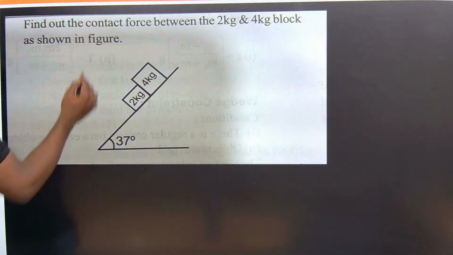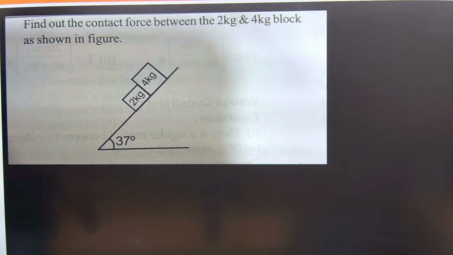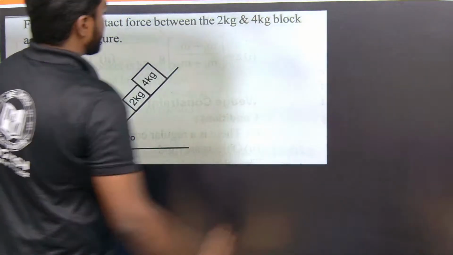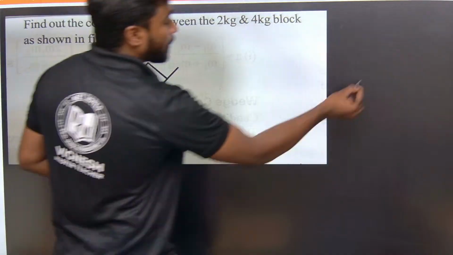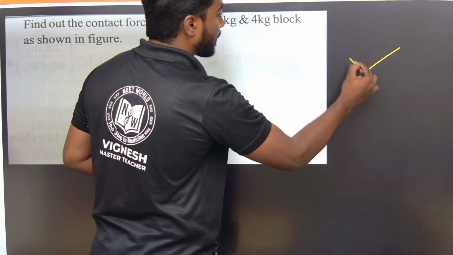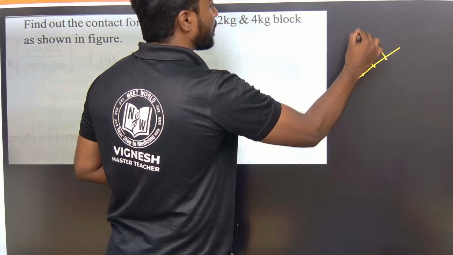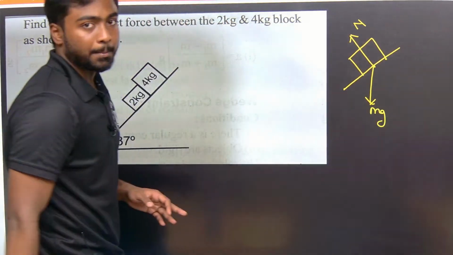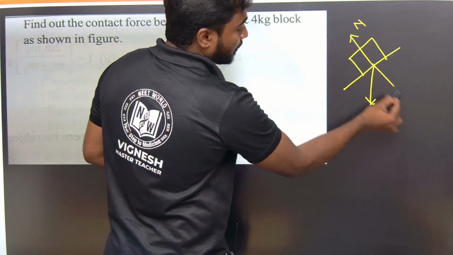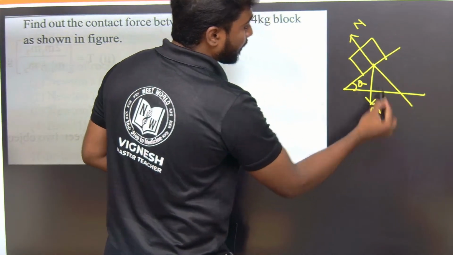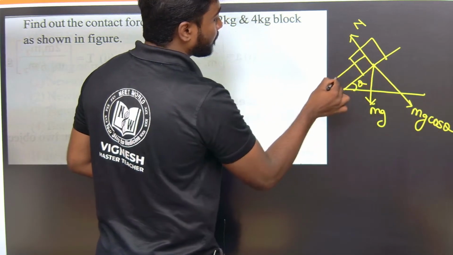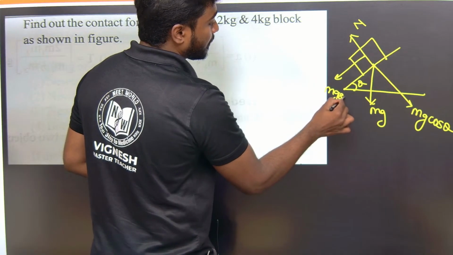I'll take a pen. Fine. So in this case, I'll draw a diagram in this manner. This is my normal force and this is my weight, that is mg. If I take the angle theta here, this is my mg cos theta and this is my mg sin theta.